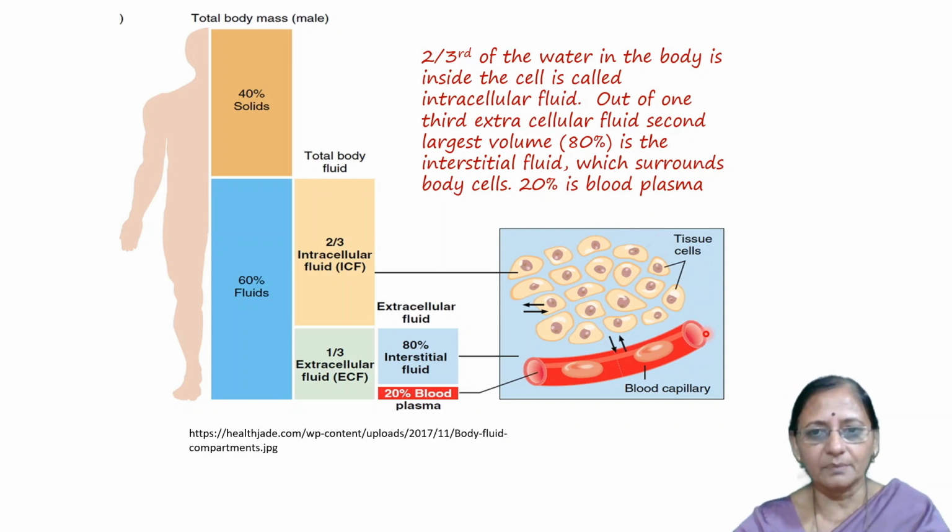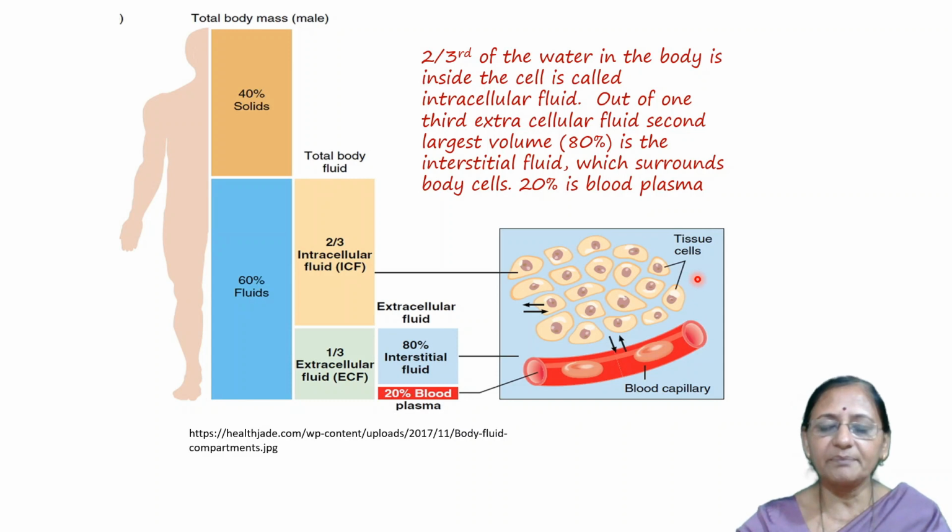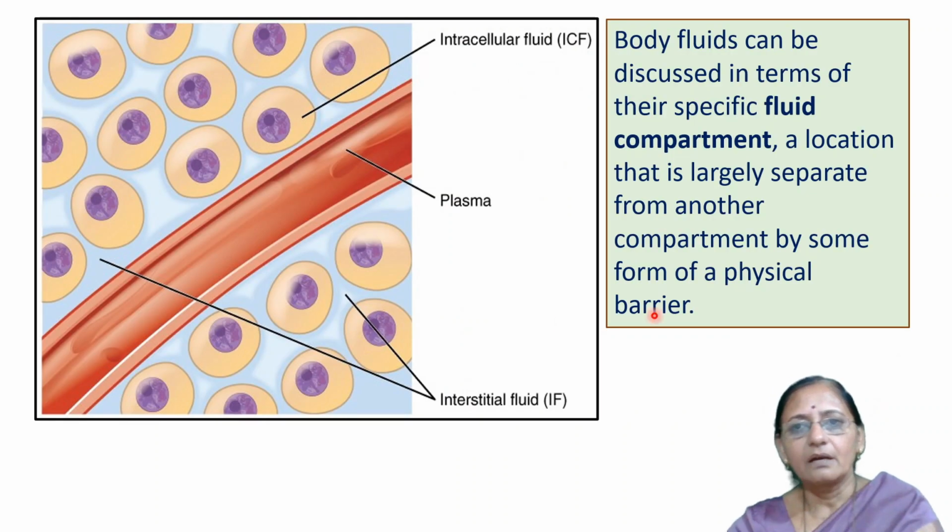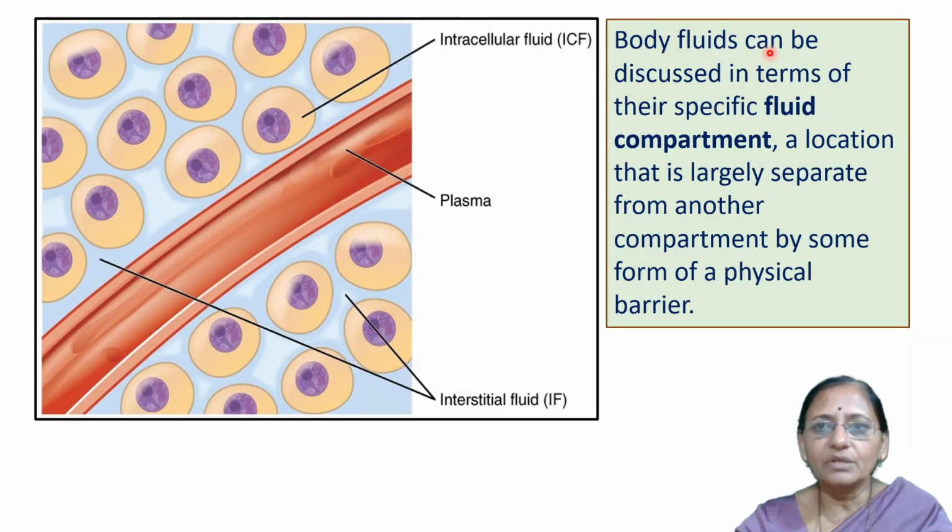Then blood vessels, with fluid flowing through them: plasma is present in the blood vessels, and this is another compartment. Then the lymphatic system is another compartment. In this way, body fluid can be discussed in terms of specific fluid compartments.